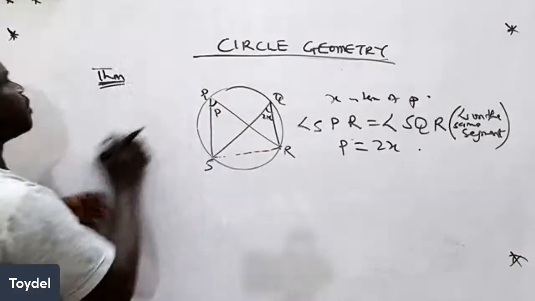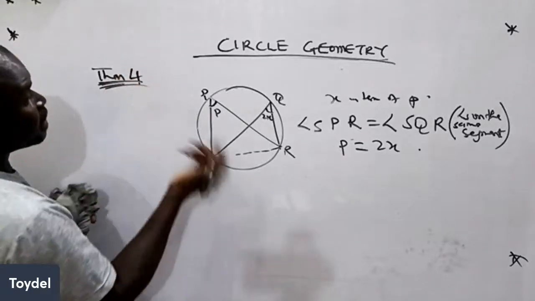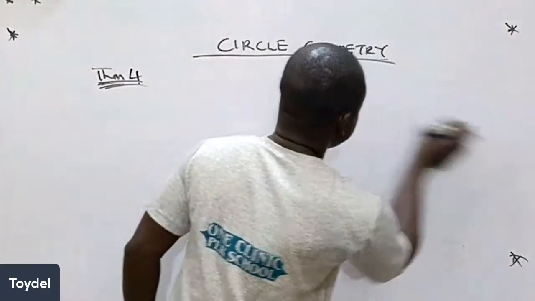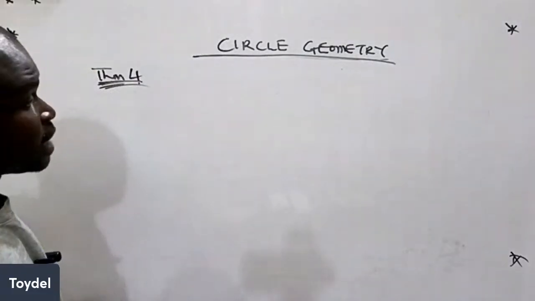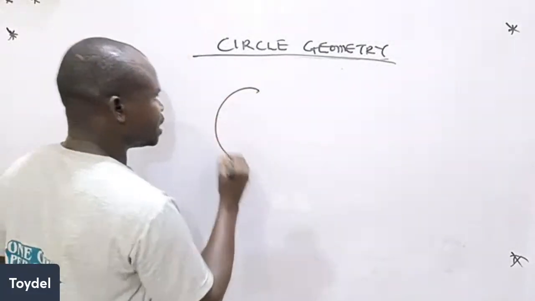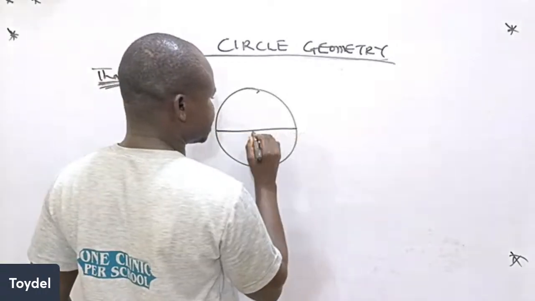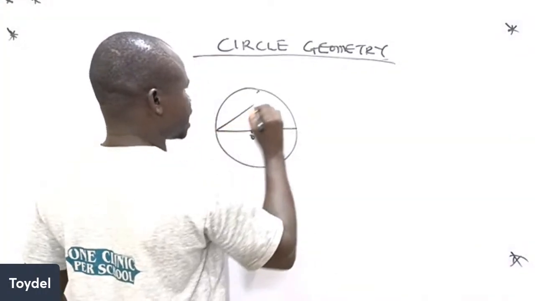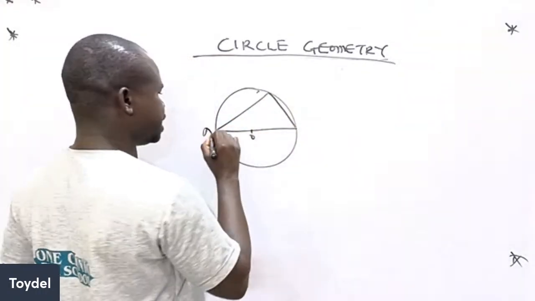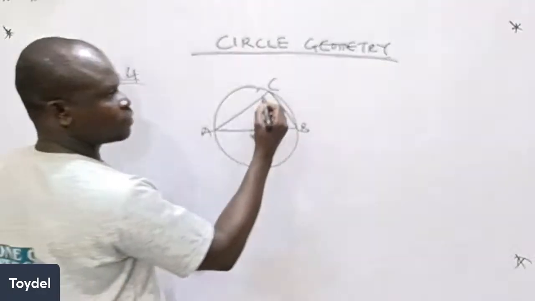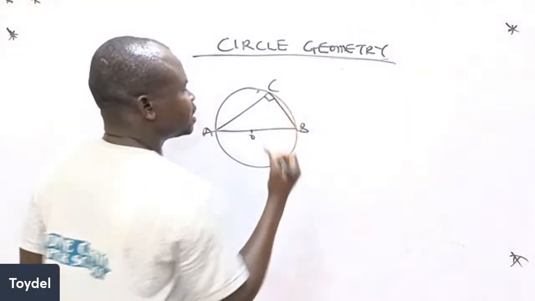And the fourth theorem, that one is very simple. That one just says that angle in a semicircle is a right angle, is 90 degrees. That is, in that case, you must have a diameter in the circle with center O. If you have something like this, say A, B, then C, the theorem says that this angle C here is 90 degrees.